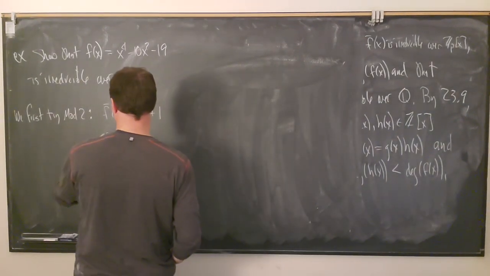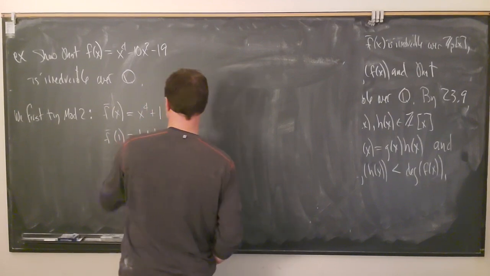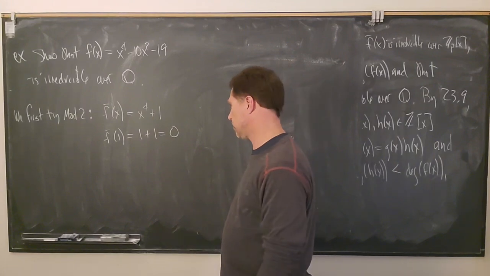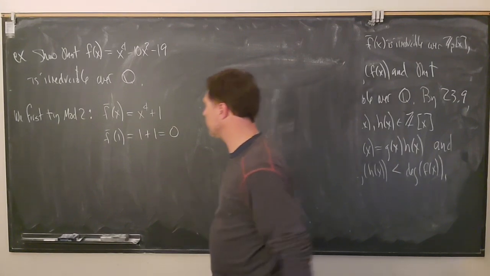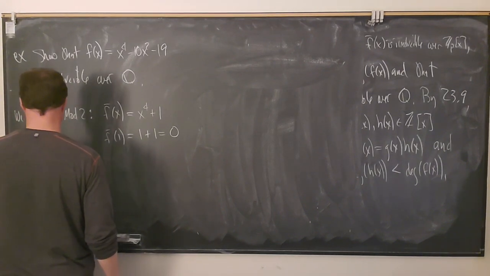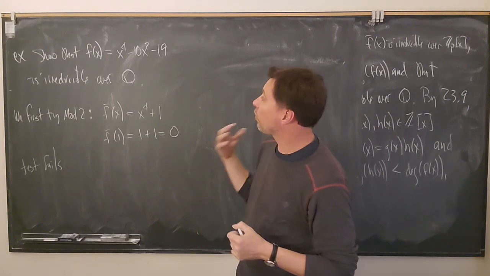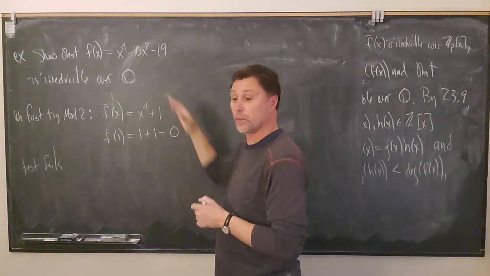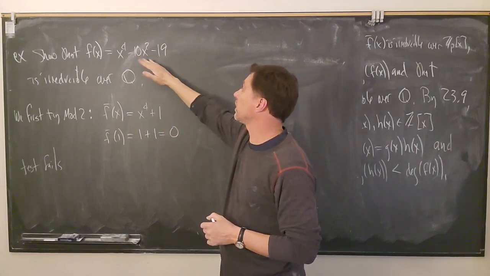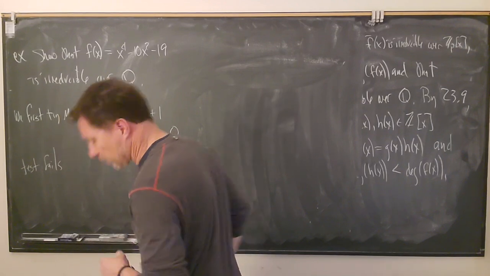And f bar of 1 is 1 plus 1, which equals 0, which means that this polynomial is reducible over Z2. All right? That tells us the test fails. So our goal is to find a p for which f bar, when we reduce mod p, is irreducible. If it's irreducible, then we get to conclude that our original polynomial is irreducible. Okay, so now we're going to try mod 3.